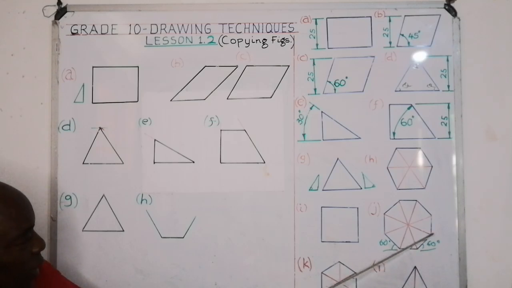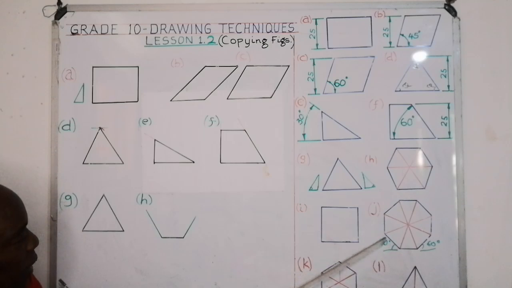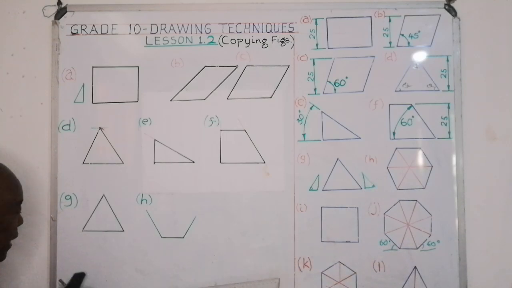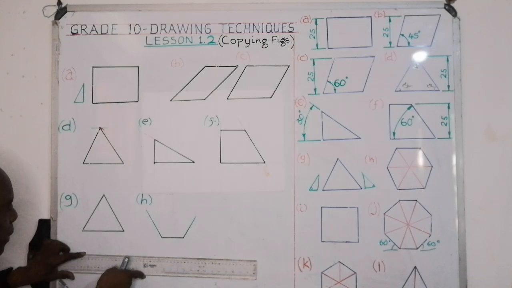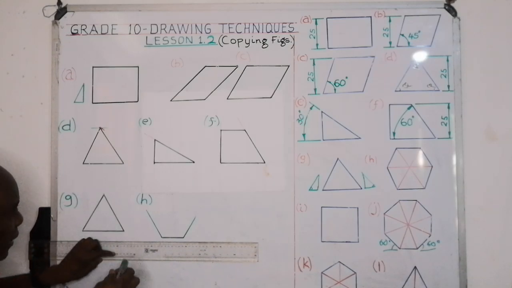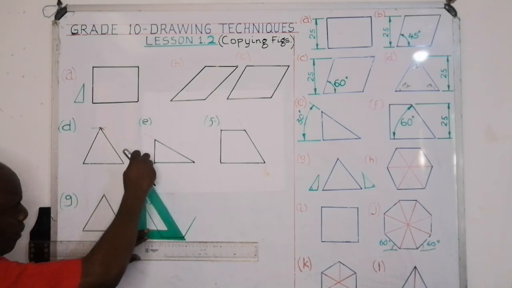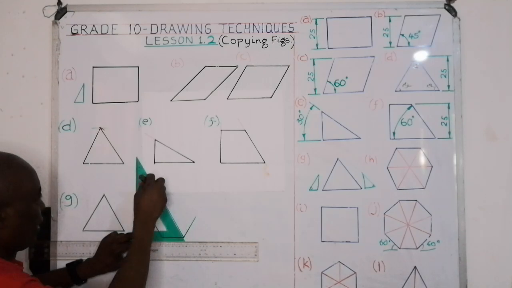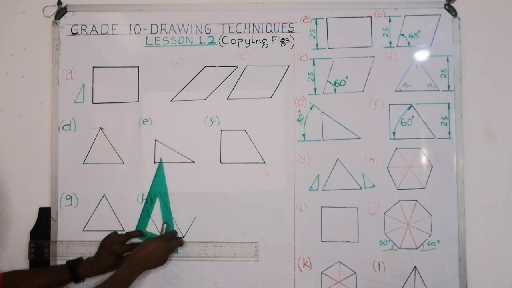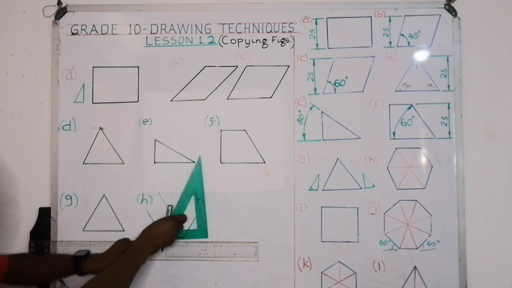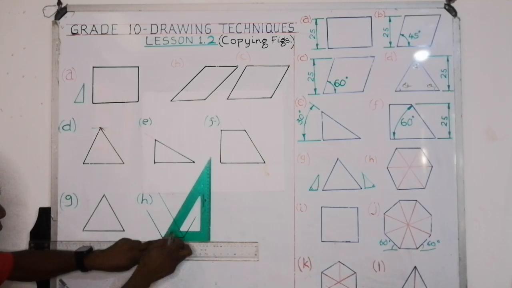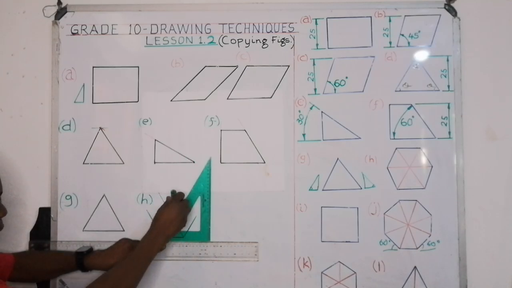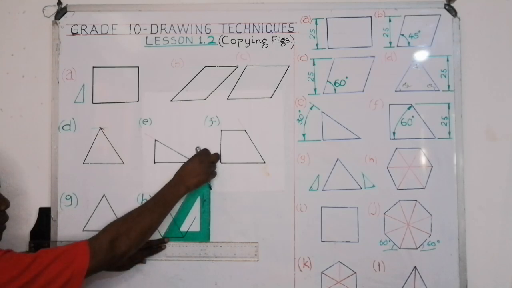So after having drawn the edges of the hexagon, you also have to draw this at 60 degrees as well. So it's like this. From there, at 60 degrees, you flip around. This one also at 60 degrees, like that.